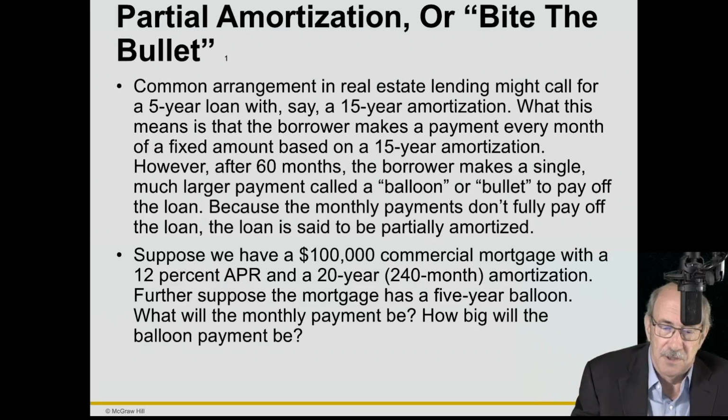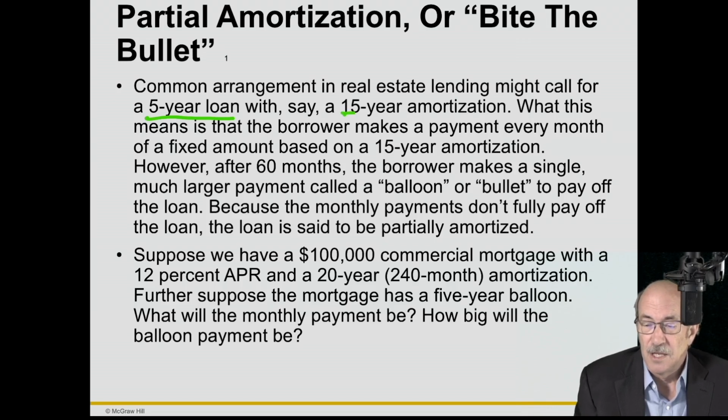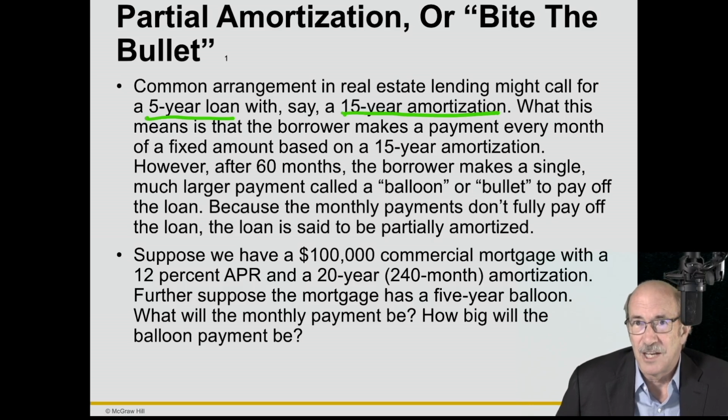So here in this example, they say, well, let's look at a 5-year loan. So the maturity date is 5 years, but we're going to calculate a payment based upon a 15-year amortization. And so that means that at the end of 5 years, we're still going to have some balance due.